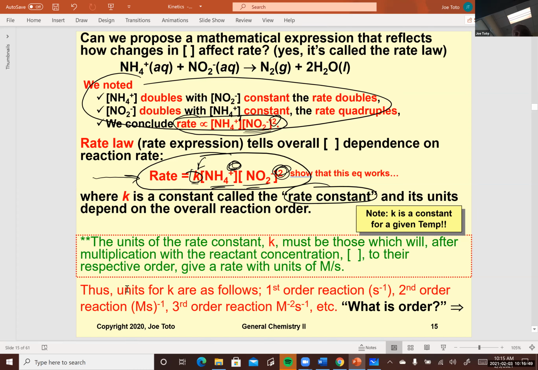So what does the overall order mean? Well, I know from analyzing that data that the rate law is first order in ammonium and second order in nitrite. So the overall order is 1 plus 2 equals 3. That's the overall order.